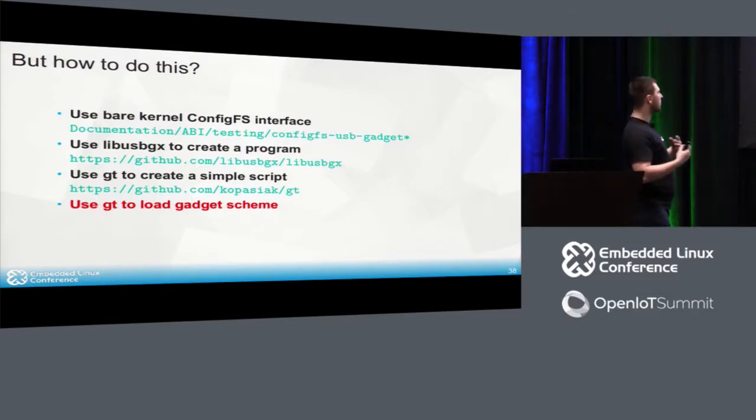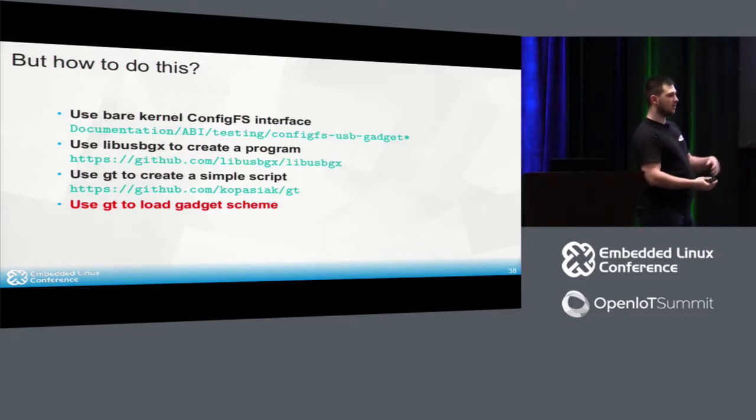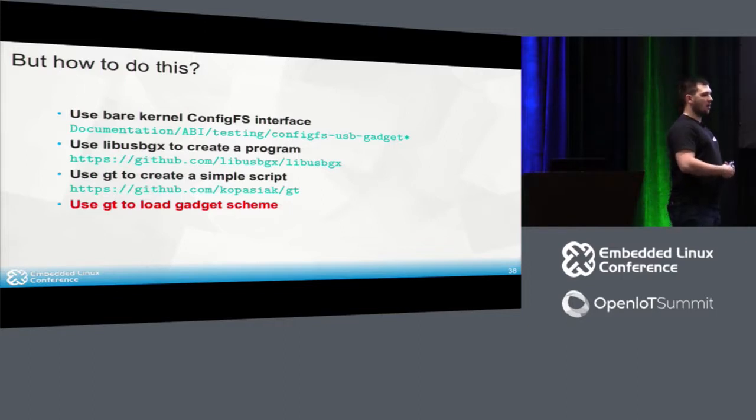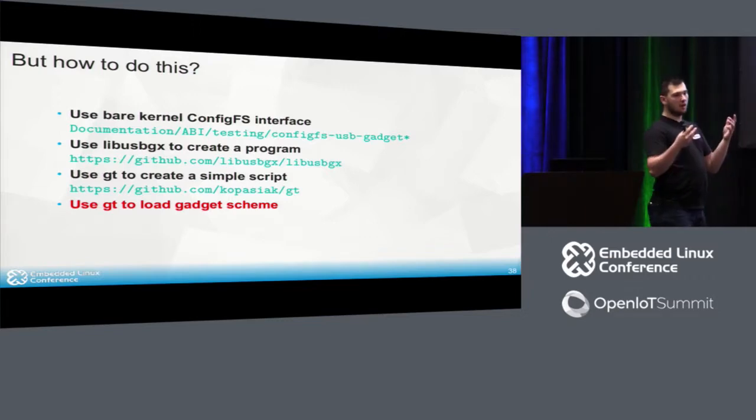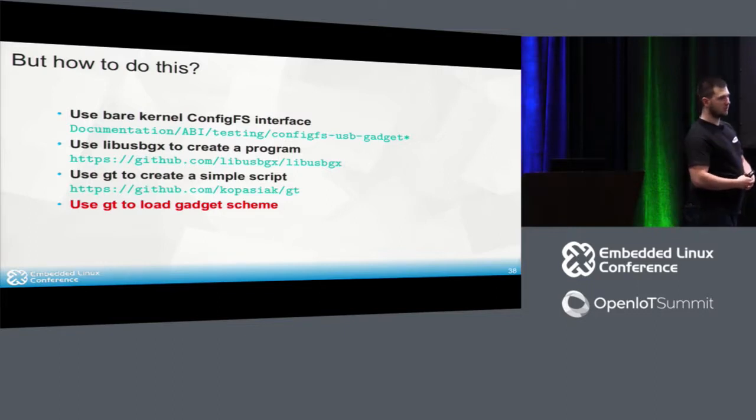But it's a little bit complicated and tedious to create the scripts which create a directory here, create it here, create the symbolic link from one place to another. So you need to know almost all about this interface, and this information about where to create, where I should not create, where I should do echo, where I should do a symbolic link, is not really easily available from the user space.